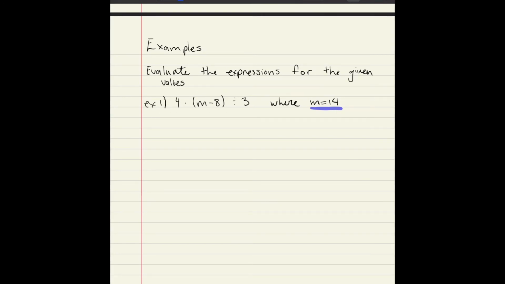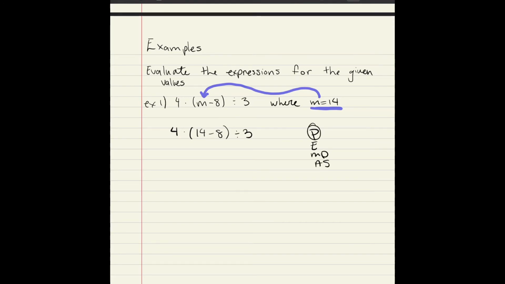This is my given. So here's my given. This is my variable. I'm going to plug that in. So I'm going to rewrite this as 4 times 14 minus 8 divided by 3. And now I can just solve as I normally would using PEMDAS.